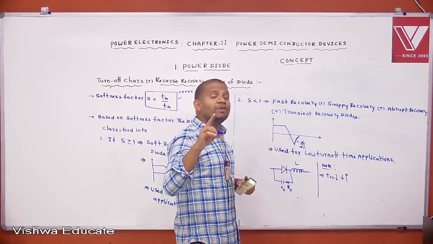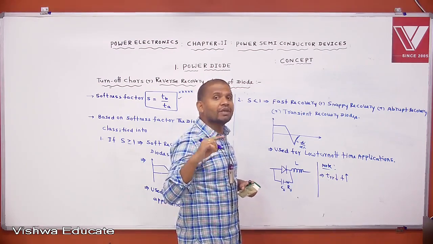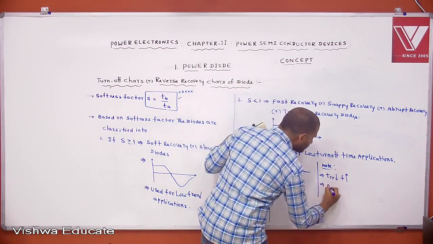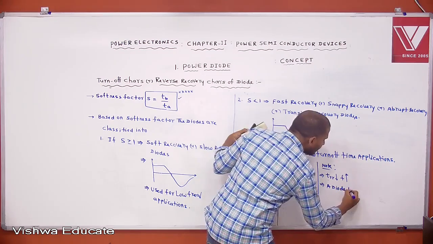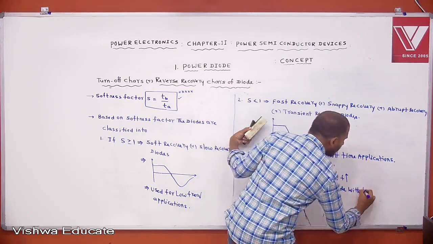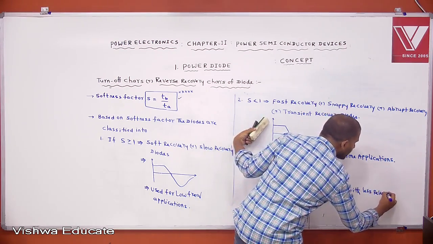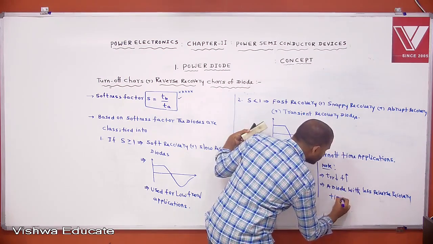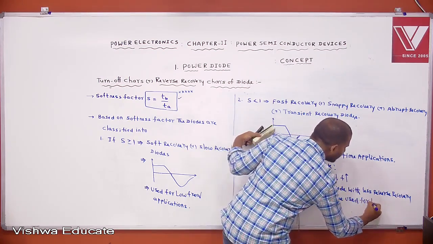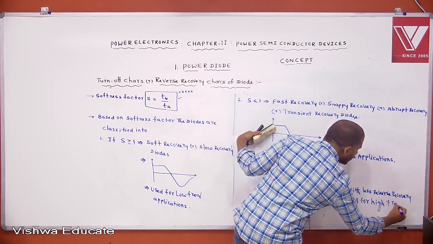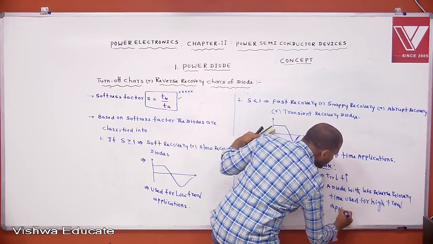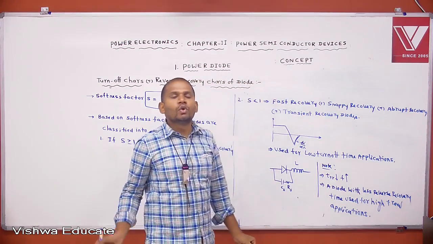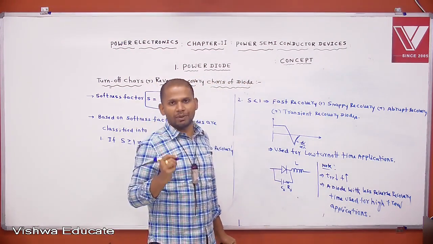Therefore, a diode with less reverse recovery time is used for high frequency applications. That's why these characteristics are very important to select a diode for a particular frequency of application.